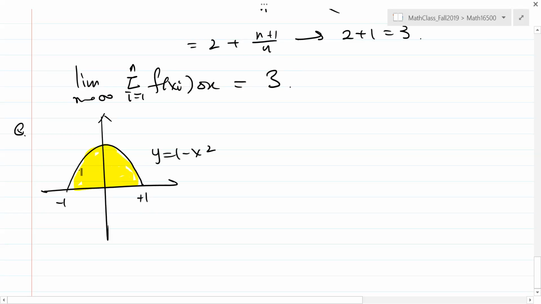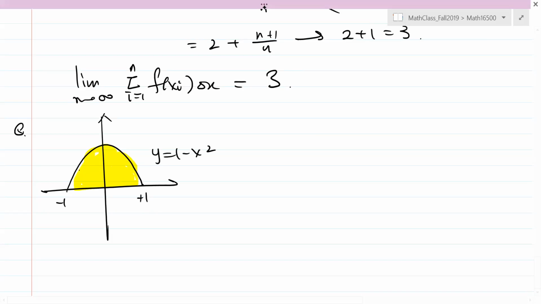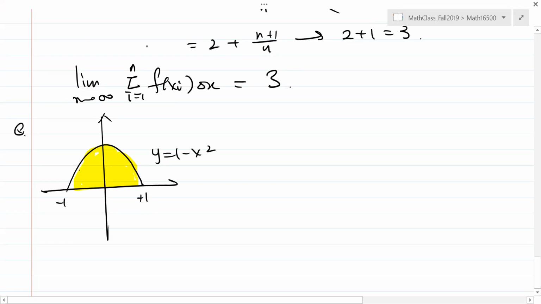This is not a part of a circle. Are we able to find the area? This time we don't have any formulas, so let's find the area using Riemann sums.